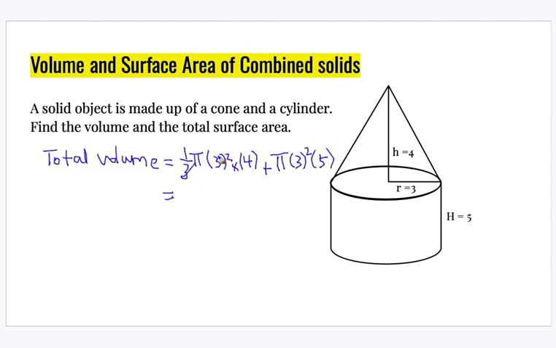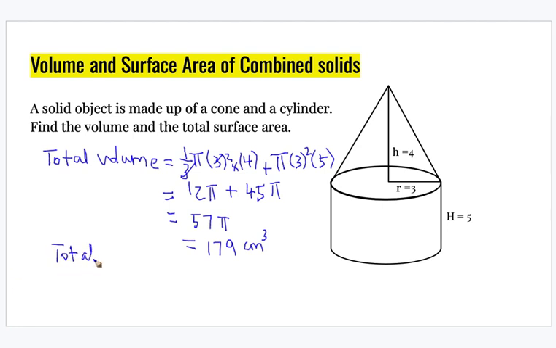So here we cancel. We have 12 pi here, and here is 9 times 1, 45 pi. So altogether we have 57 pi, which works out to be 179 cm cubed.